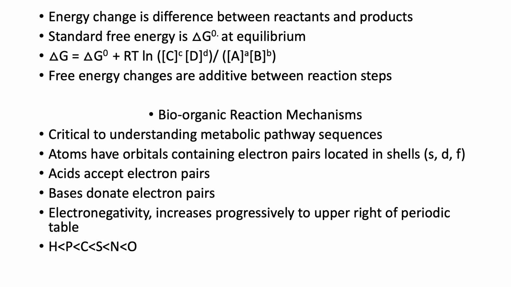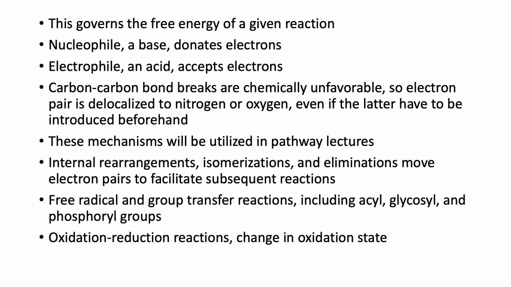So the electronegativity increases progressively. By definition, the highest electronegativity among the commonly encountered atoms is possessed by oxygen, followed by nitrogen, followed by sulfur, followed by carbon, followed by phosphorus, followed by the proton. And this governs the free energy of a given reaction.